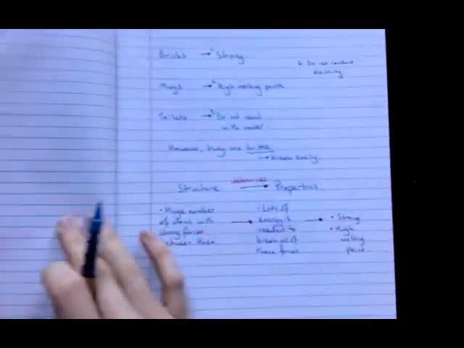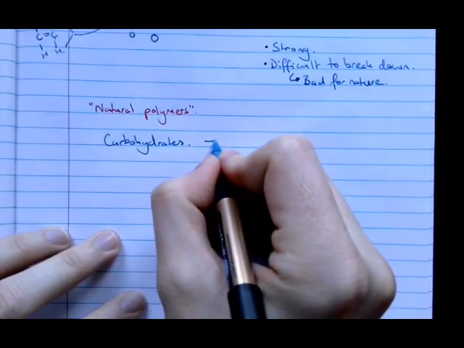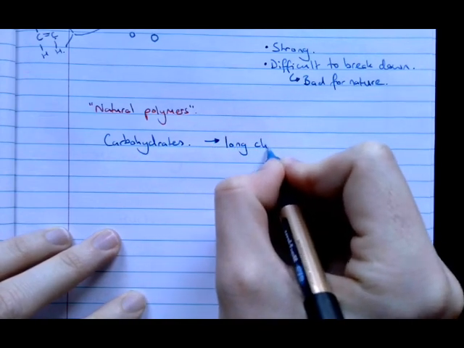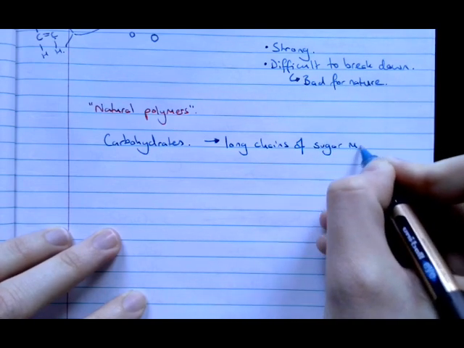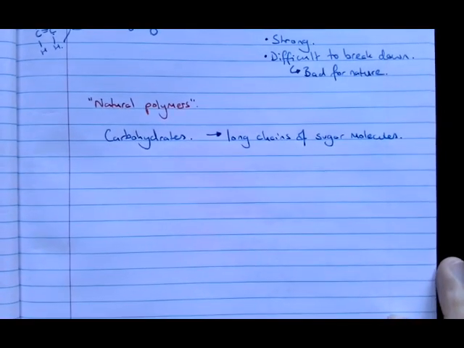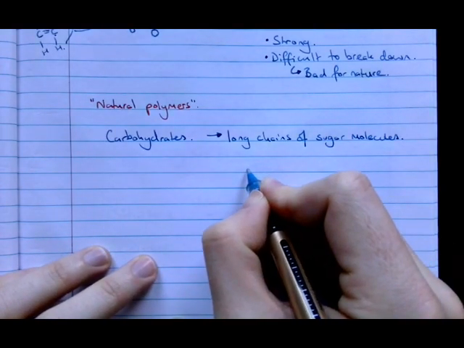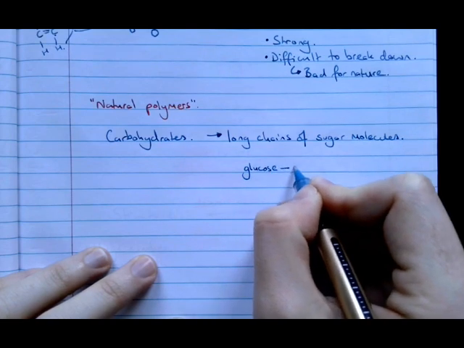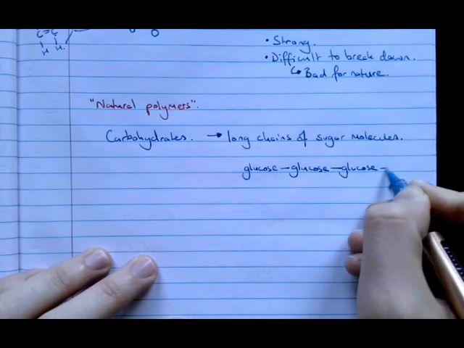So if we go back to here, carbohydrates are actually long chains of sugar molecules. Imagine you've got glucose, glucose, glucose, glucose.